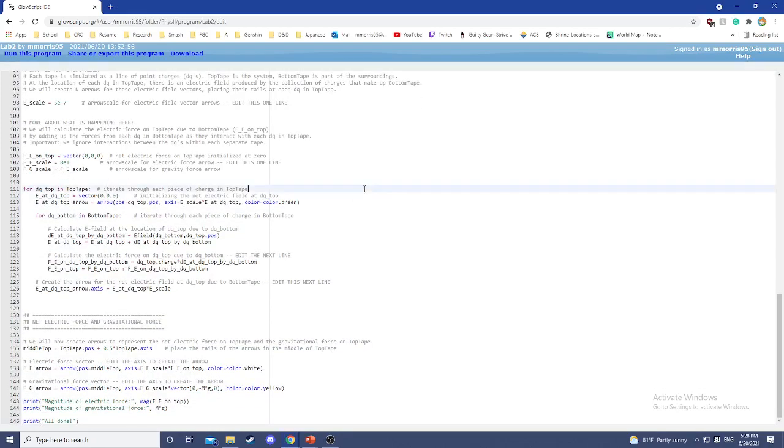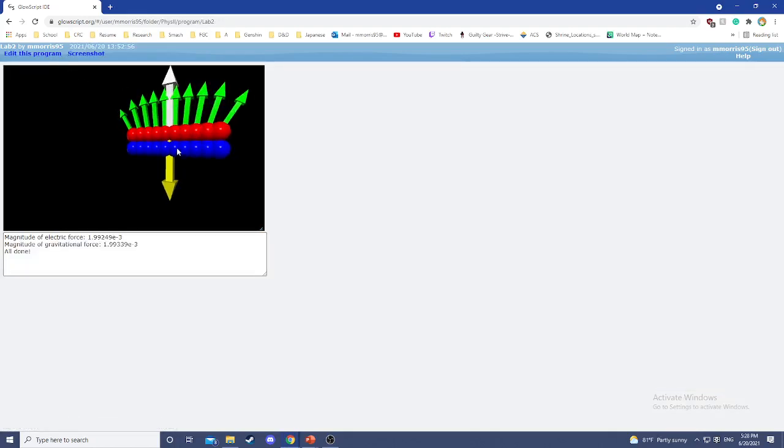Last important part here is the for loop, which we use to iterate through each section of the tape, which we have represented as a point charge, calculating the vectors for their respective electric field and electric force, and then adding up those vectors to get a net electric force, which we have represented by a white arrow, and we have a yellow arrow representing the gravitational force, where their magnitudes are essentially the same, the green arrows being the respective electric field of each individual point charge.